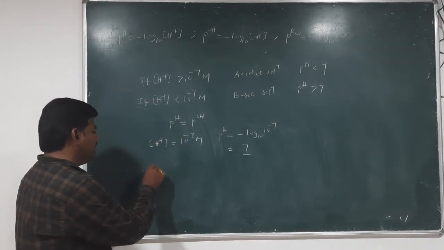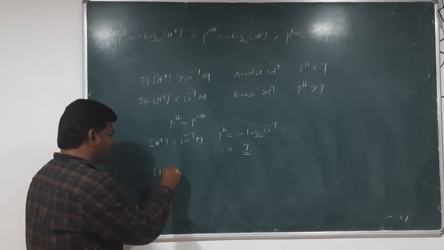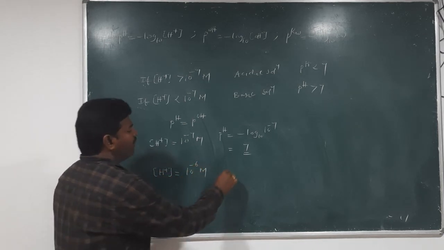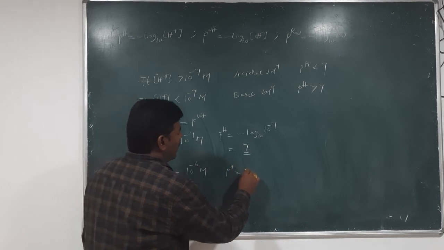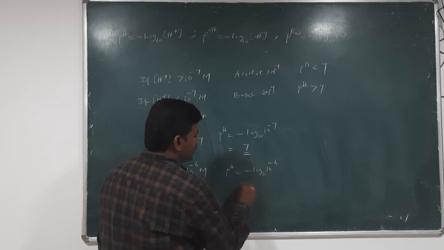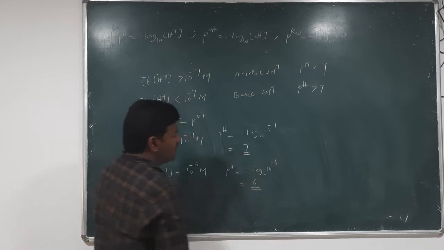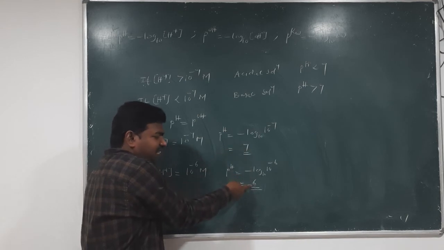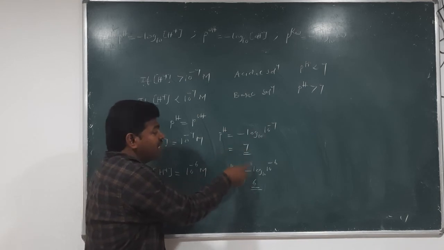If the concentration of H plus ions is 10 to the power of minus 6 molar, then pH is equal to the negative logarithm to the base 10 of 10 to the power of minus 6, which comes out to be 6. So pH changes by 1 unit, from 7 to 6.